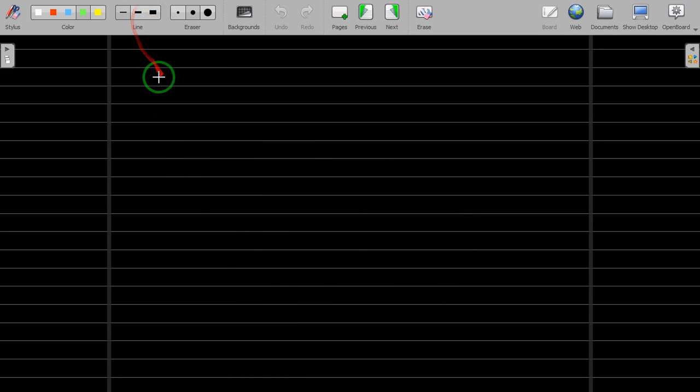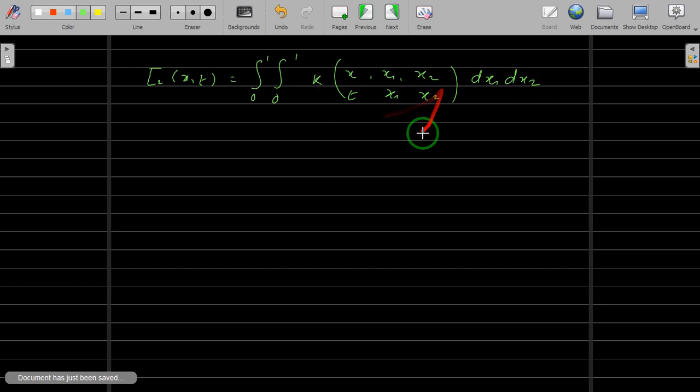Similarly, when you find the value of capital C2 of x comma t, let me just write the formula. This is integral 0 to 1, integral 0 to 1, capital K, so x, x1, x2; t, x1, x2, and dx1, dx2. Again, this will be the determinant of order 3 by 3. Then you find the value of determinant, you evaluate, and then this double integral, you check the values.